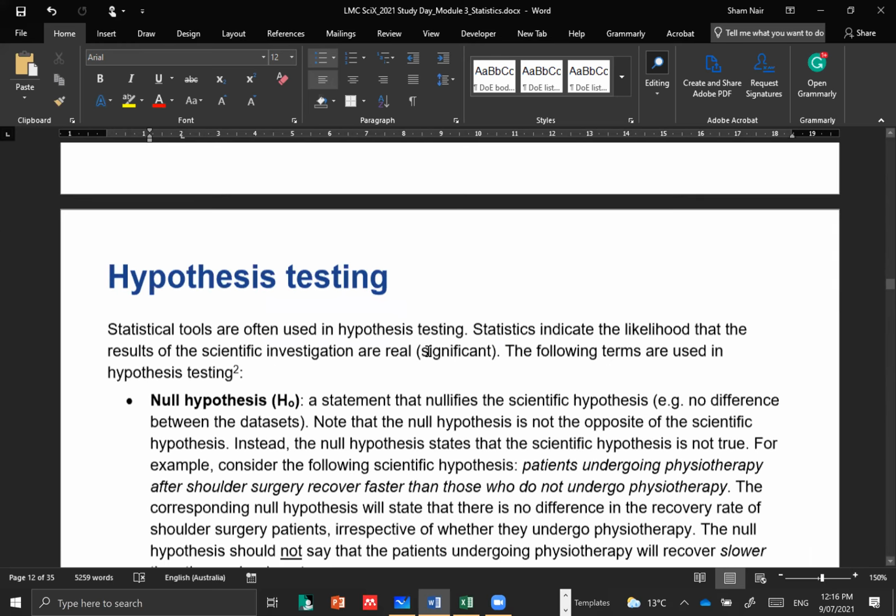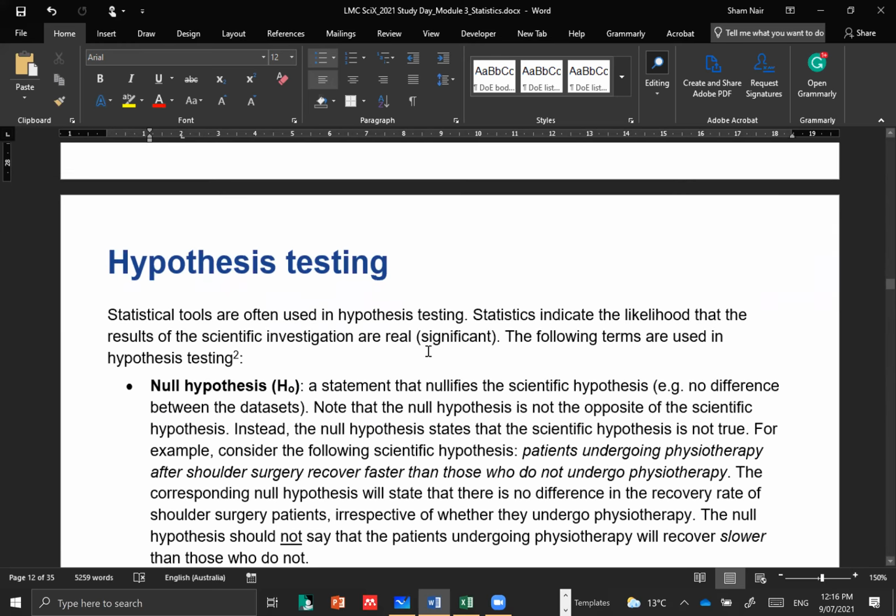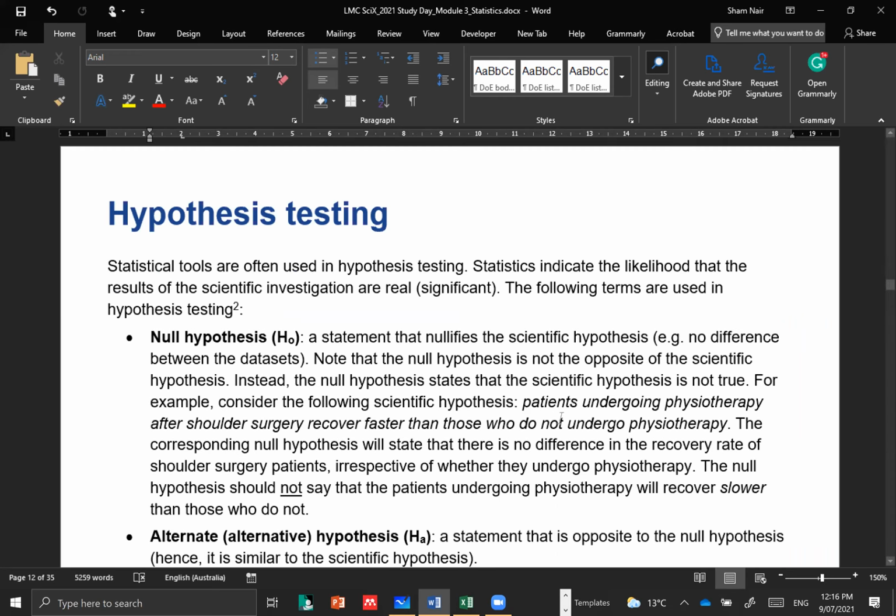So at the start of a research investigation, we have a hypothesis. That's called a scientific hypothesis. I've got an example here.